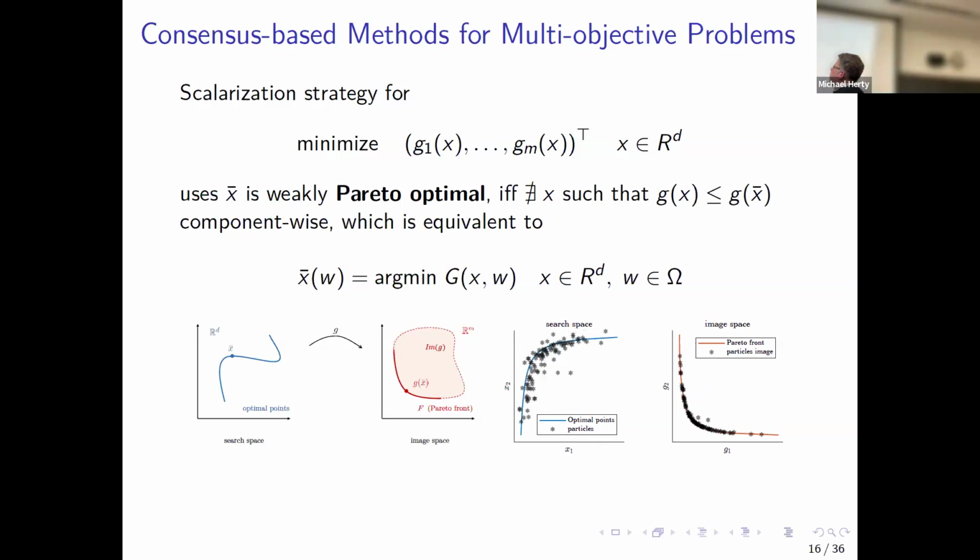And so in this picture, in the space of the cost function, this looks quite nice. In the search space, yeah, you don't know how this parameter looks. And we thought that one can maybe also use particle methods to solve this multi-objective problem by just adding to each particle a value which would tell me which of these cost functionals essentially you would minimize.